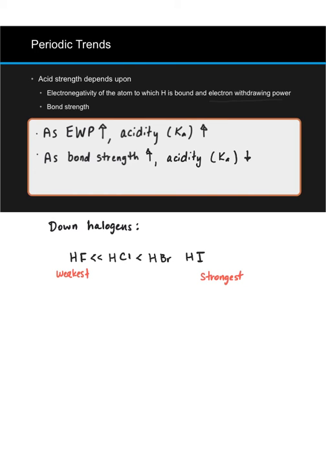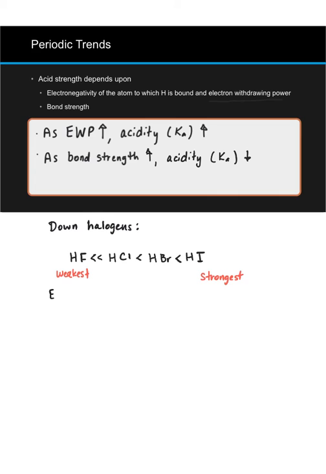Hydrobromic is a little bit stronger still than hydrochloric, and of these four acids, we expect hydroiodic to be the strongest. So going down any one group and making acids with successive periods elements, we increase the strength of our acid. We make it more likely that hydrogen can be given up because we decrease the bond strength that hydrogen makes with successive elements down a group.